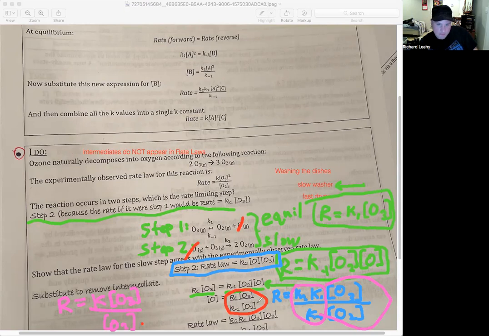Okay, so what I'm missing is this extra O3 right here. So let me put that in. Okay, so O3. And so we have two ozones there, O3 and O3. And that's how you get the squared right here.